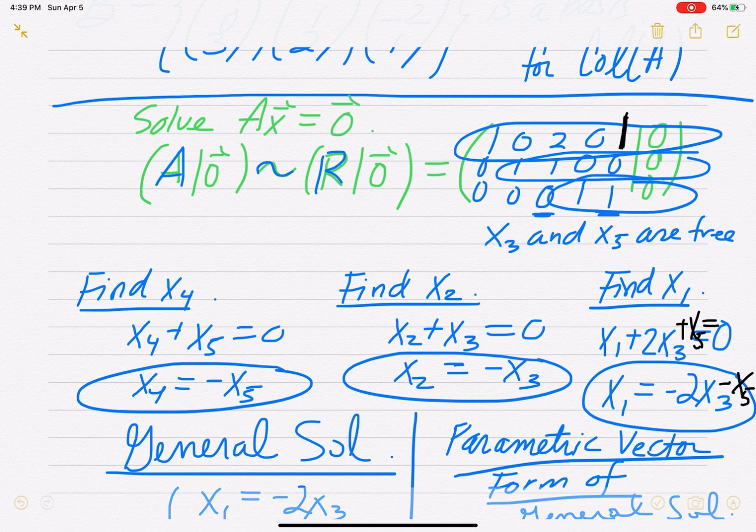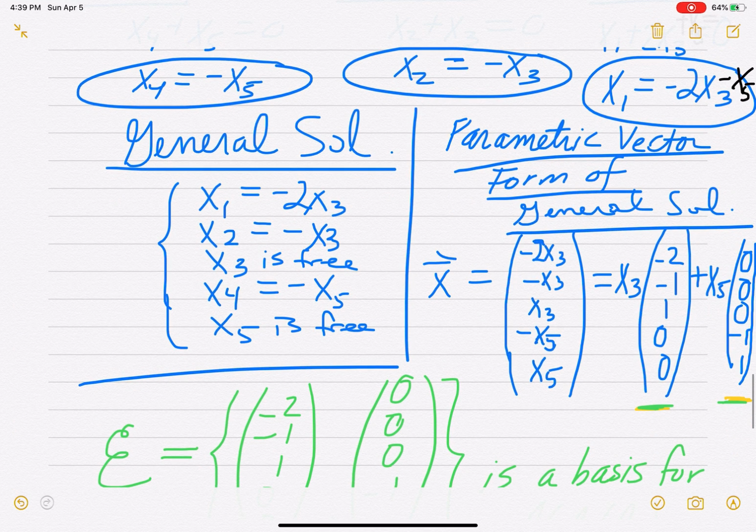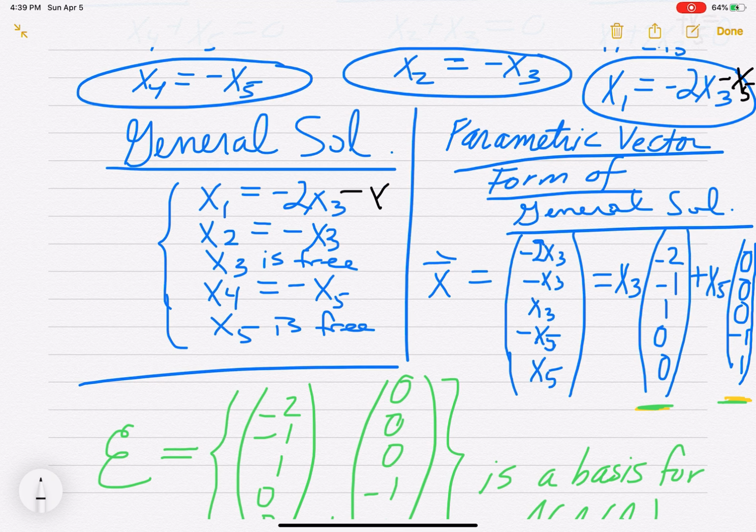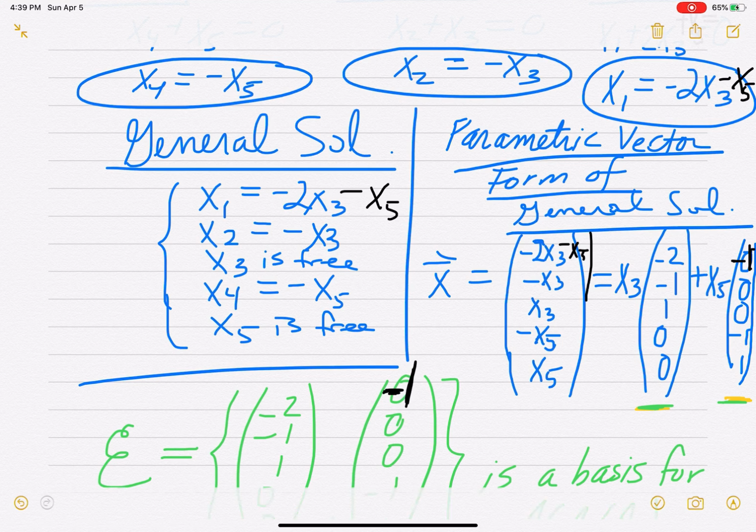So fixing this, there should have been a minus x5 here, which means there would have been a minus 1 right here, right? When we take the coefficient of that x5, it's a minus 1, which means this should be a minus 1. Okay, good, good, good. Well, that fixes it.